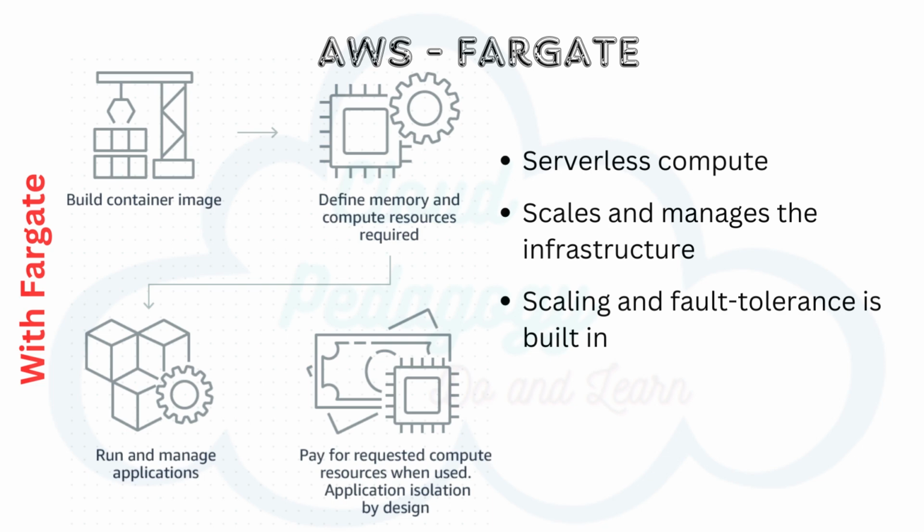Instead, you just define your container, how you want your container to be run, and then it scales on demand. It achieves this by allocating the right amount of compute, eliminating the need to choose and handle EC2 instances and cluster capacity and scaling.